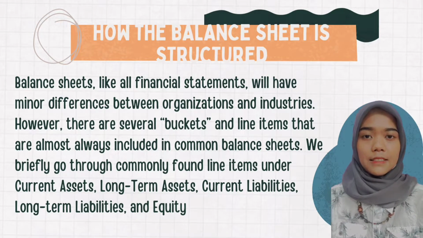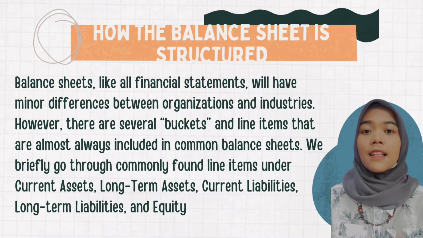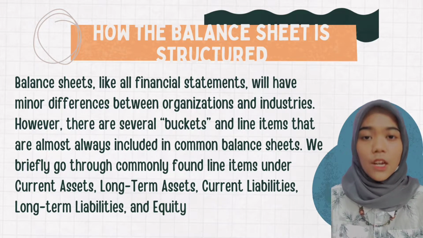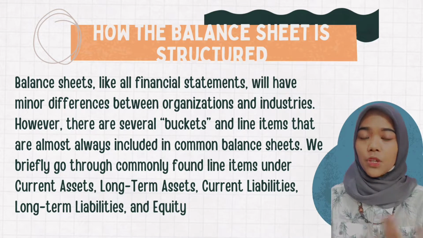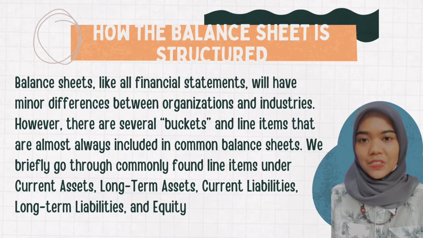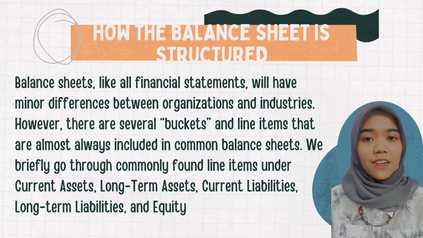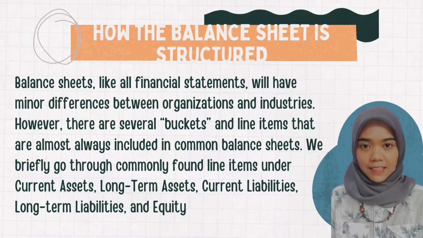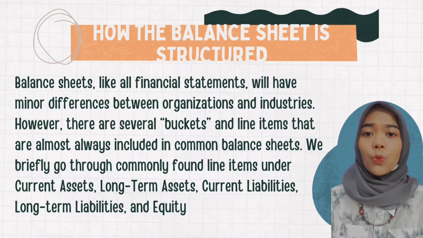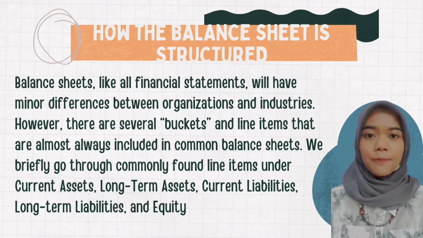How is the balance sheet structured? Balance sheets, like all financial statements, will have minor differences between organizations and industries. However, there are several buckets and line items that are almost always included in a common balance sheet.